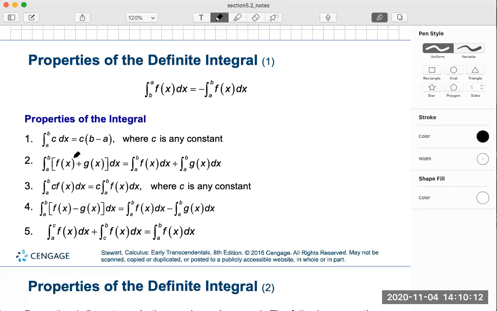And a similar story: the integral of a constant will be that constant multiplied by the difference of the interval, B minus A, okay? For example, what is the integral from 1 to 10 of 2 dx?